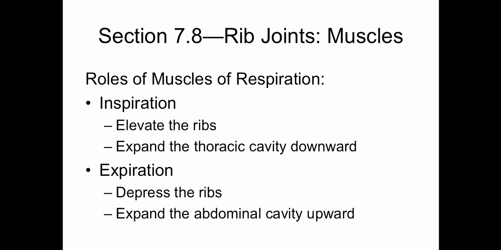During the process of expiration, the volume of the thoracic cavity decreases. Muscles that depress the ribs are generally categorized as muscles of expiration. The volume of the thoracic cavity can also decrease if the contents of the abdominal cavity push upward into the thoracic cavity, so muscles that can accomplish this movement are also considered muscles of expiration.